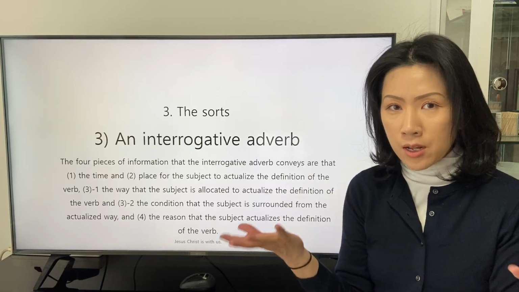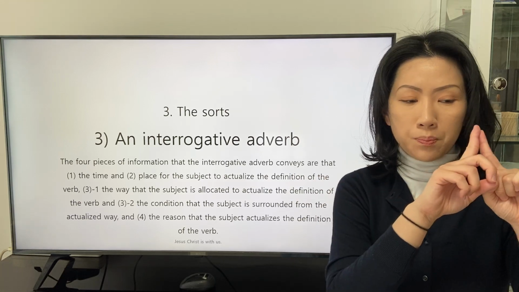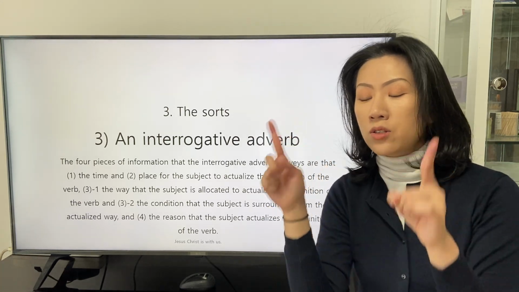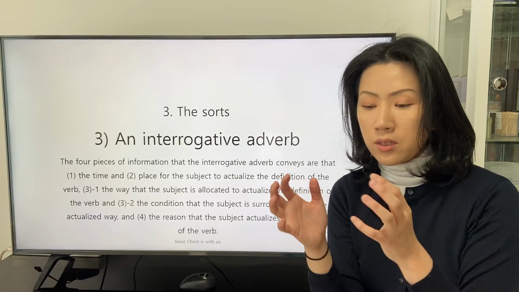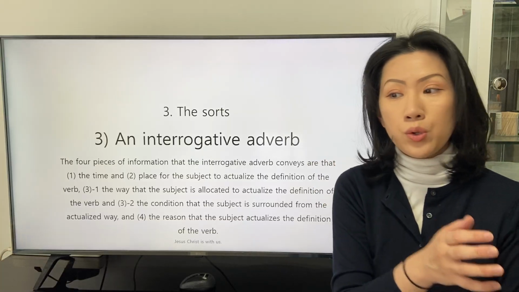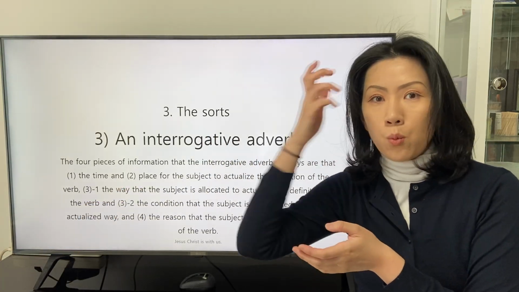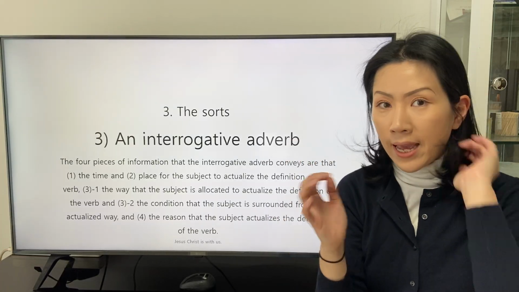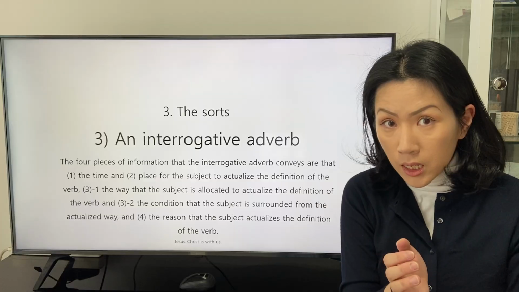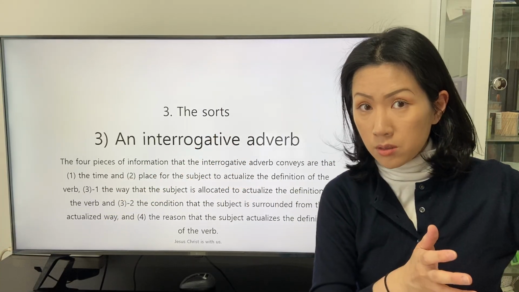This is very useful when we study the relative adverb how. The speaker does not apply the relative adverb how and the precedent the way at the same time, because the adverb how delivers the inclusive definition from the way to the condition of the subject in the subordinate clause. What about the case that the speaker applies the precedent the way to link the subordinate clause to the main clause?